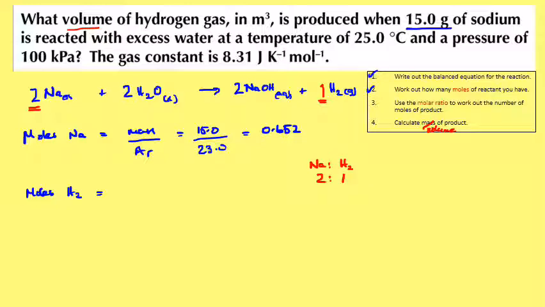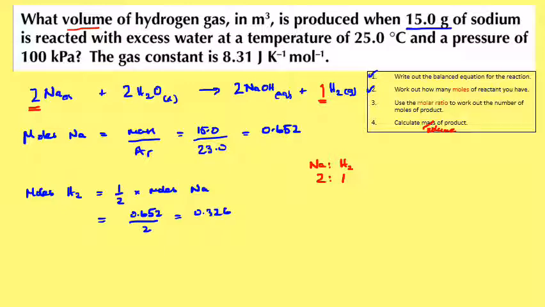So our moles of hydrogen is necessarily 1/2 times our moles of sodium. So that's 0.652 divided by 2, and that gives us 0.326 moles of hydrogen.